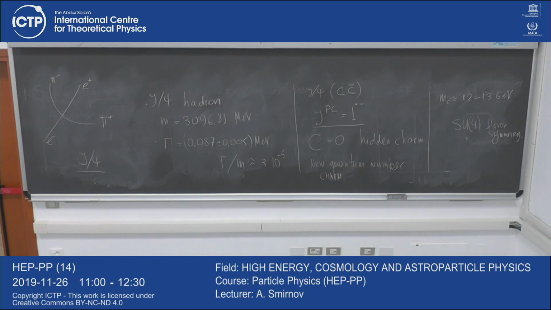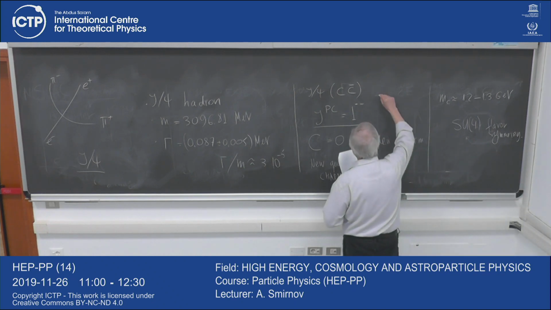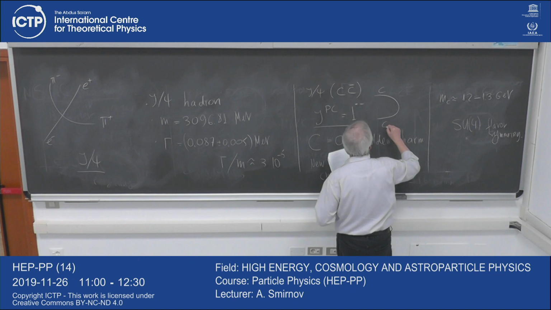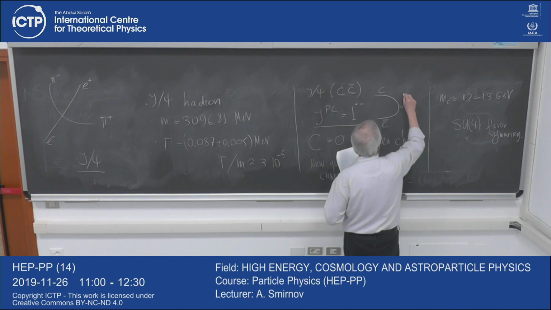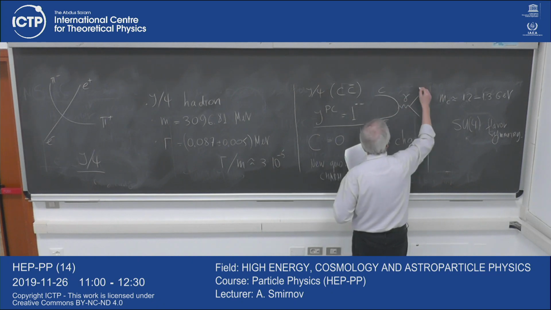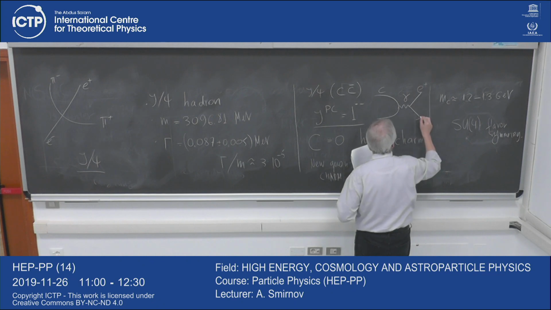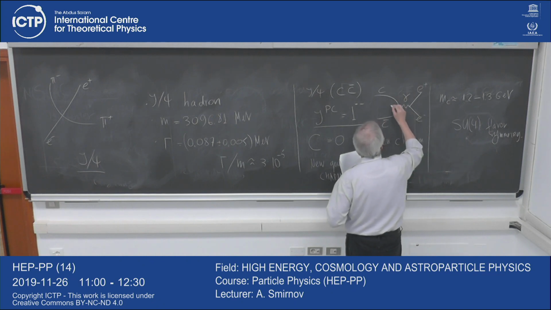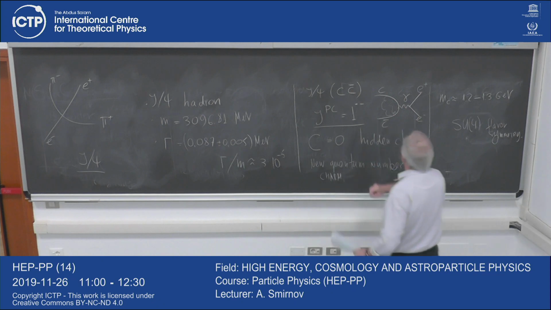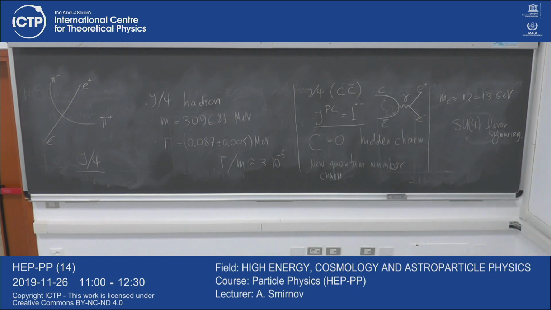It has spin 1. And the diagram of the decay is like this. You have charm, anti-charm annihilation into a gamma, which produces mu plus and mu minus. And of course you have here strong interactions between charm and anti-charm.